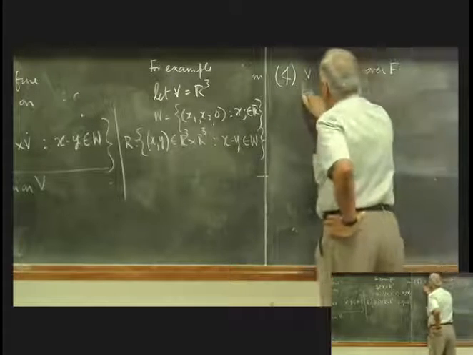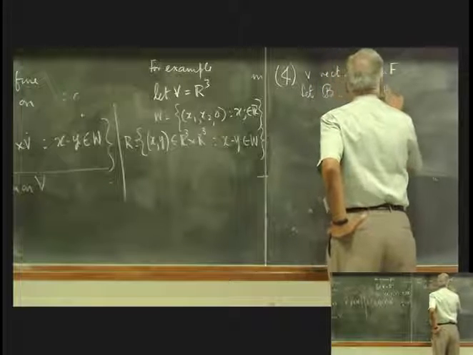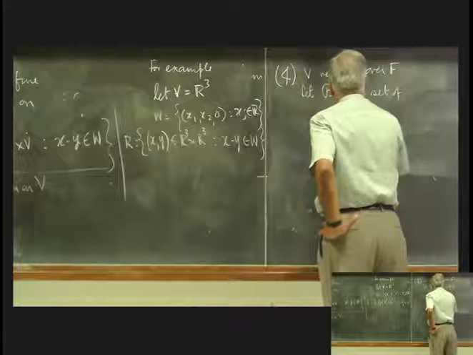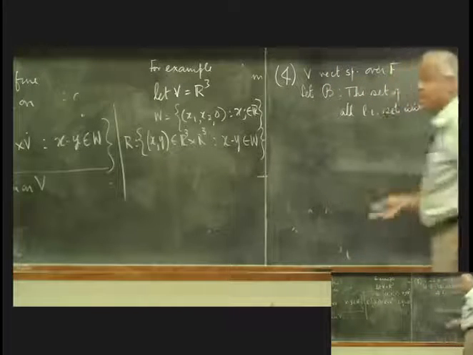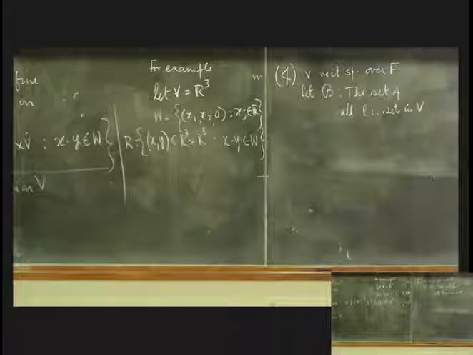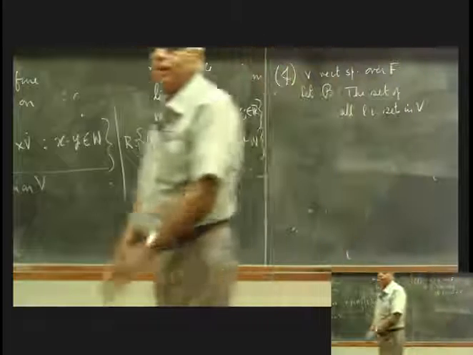So let B be the set of all linearly independent sets in V. It's a set of all some type of sets. Each element of B is a set. Each element of B is a linearly independent set. Take every possible linearly independent set and take that whole collection of all possible linearly independent sets.